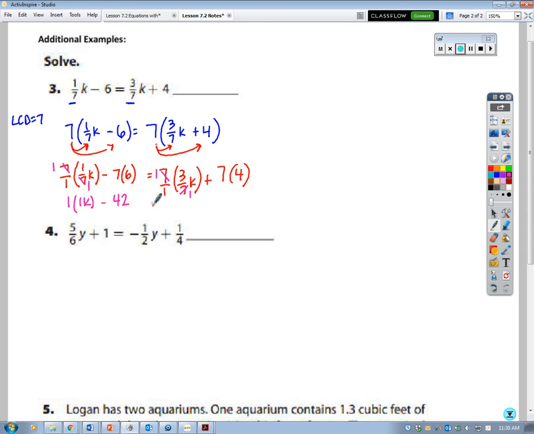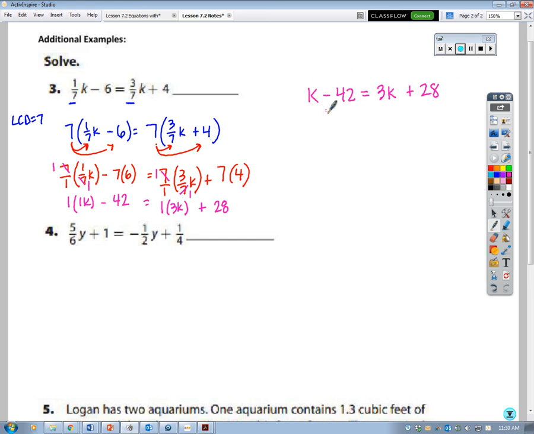And then I've got equals 1 over 1 times 3 over 1k, so times 3k, plus 7 times 4, which is 28. So I'm going to rewrite this again, just to simplify it more. 1 times 1k is k minus 42 equals 1 times 3k, which is 3k, plus 28. All right, now I've got an equation that I just have to solve.